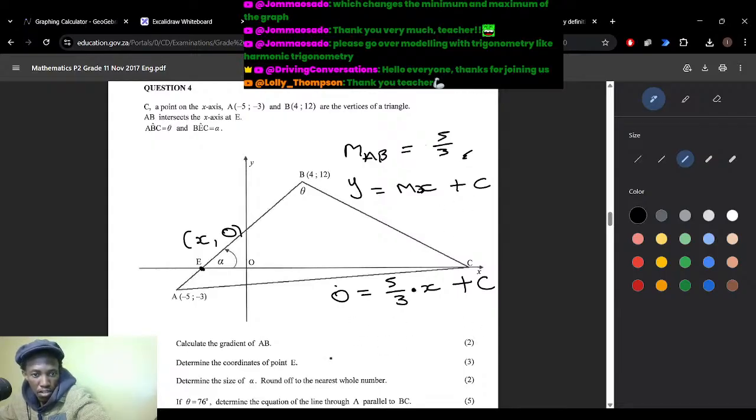So then that means that 5 over 3 x is equal to negative c.